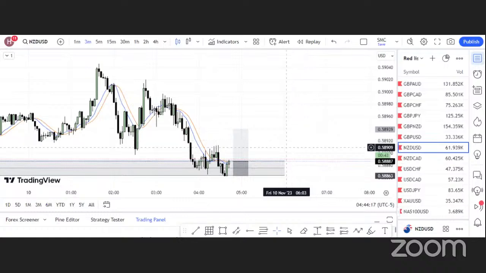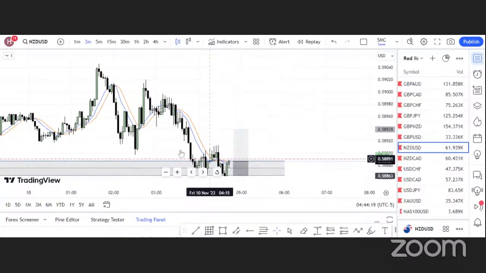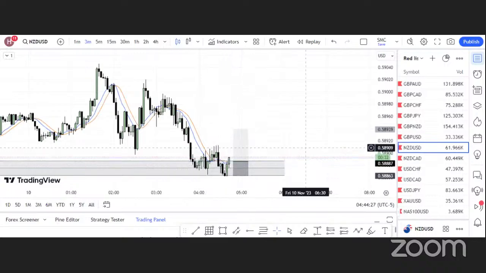So let's give this a minute or two. Okay. So let's see if it's going to go above this. Once it does and gives us that entry, we are going to take the entry and see what happens next, because the market is currently on its own.